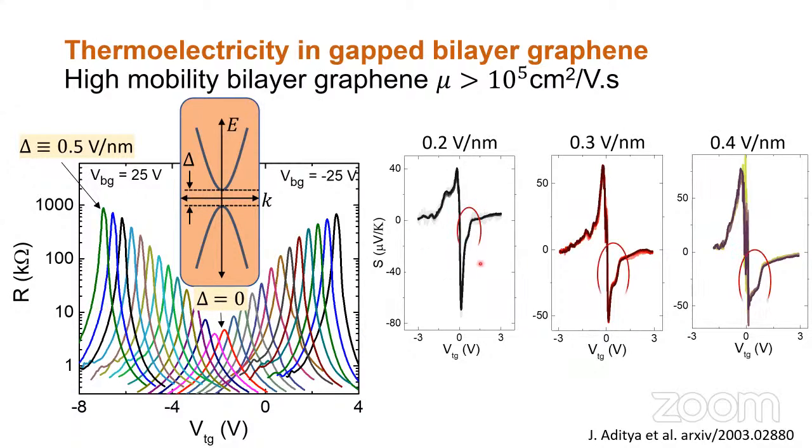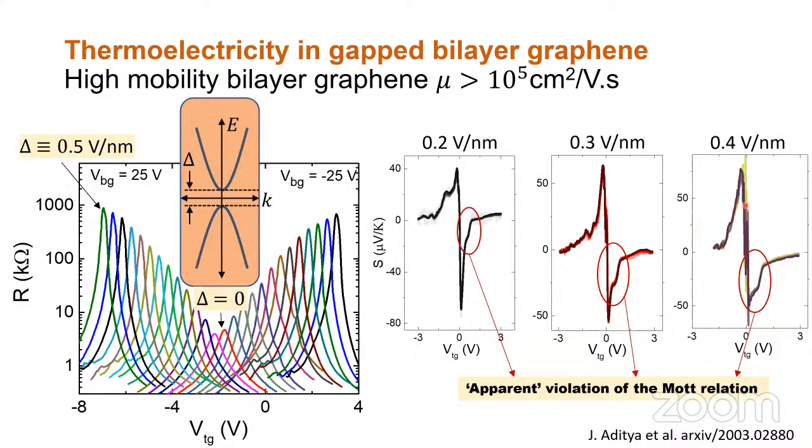For example, you see these regions become skewed, or there is an additional shoulder that develops. But you see the resistance versus gate voltage features nothing in that direction. So you will not be able to get this from a simple derivative of R versus VG.